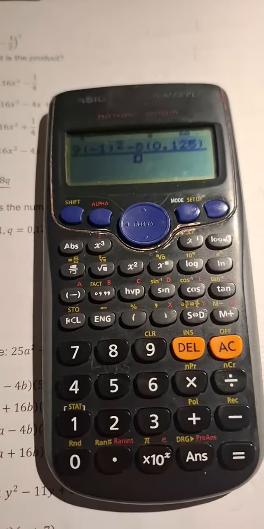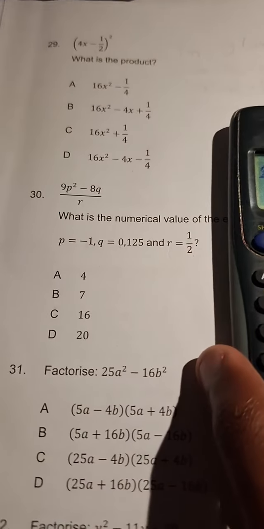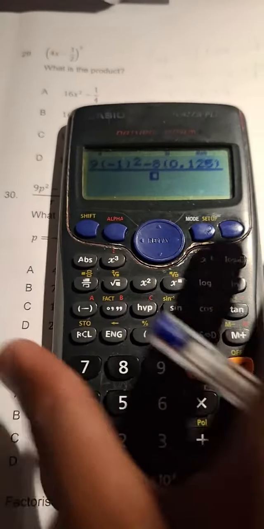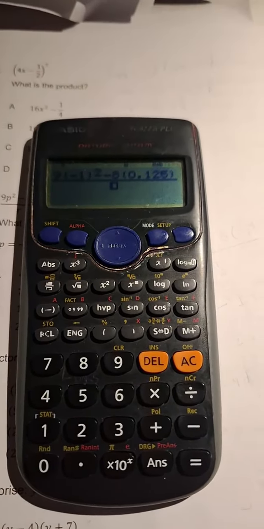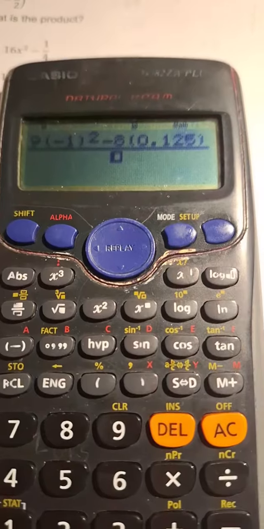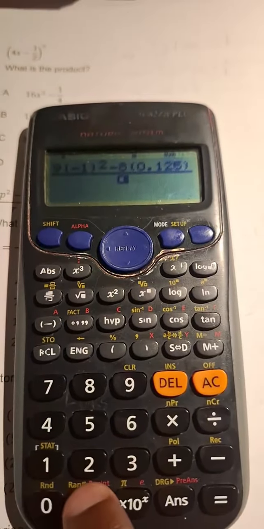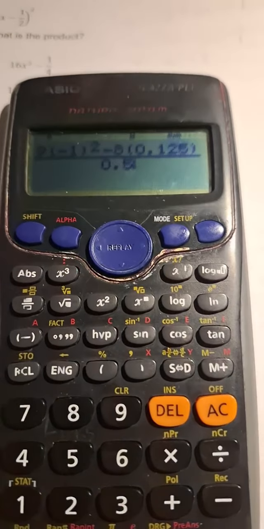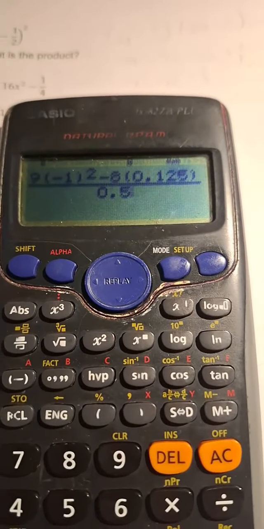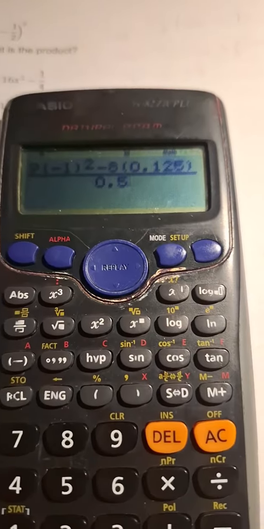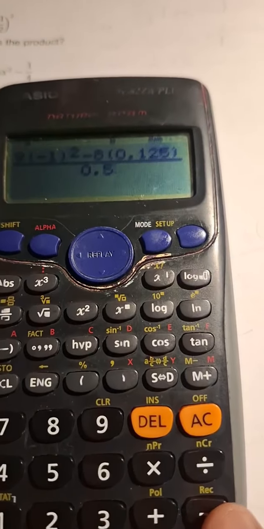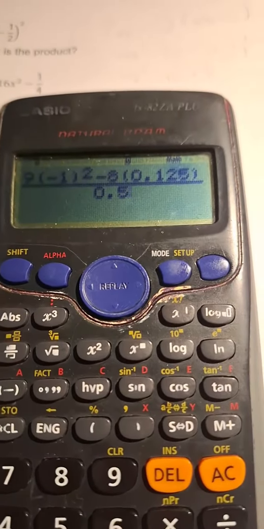Then in the denominator, you go down there. Then in the place of r, what are you going to write? Half. Now guys, I know a half in decimal form is actually 0,5. Just trying to make life easy for myself, because having the half as a fraction may just complicate my life. So I know half is 0,5.